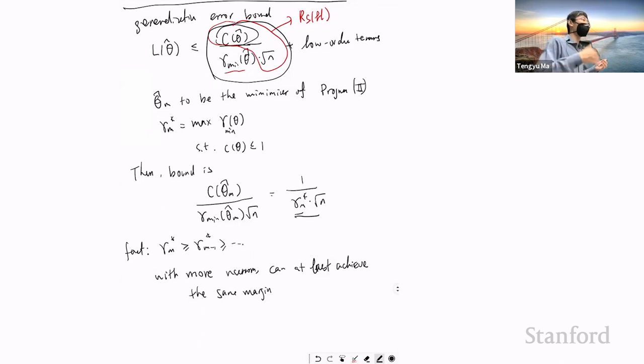If your bound is increasing in m, that is completely useless. If your bound is decreasing in m, that doesn't mean it's super powerful, but at least that's a good sign to have. It's really hard to capture the exact test error.